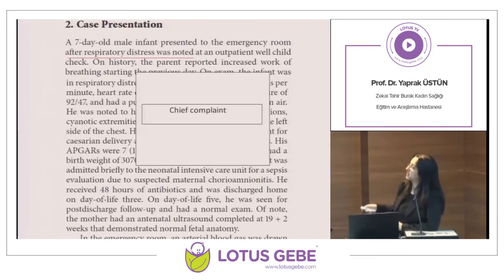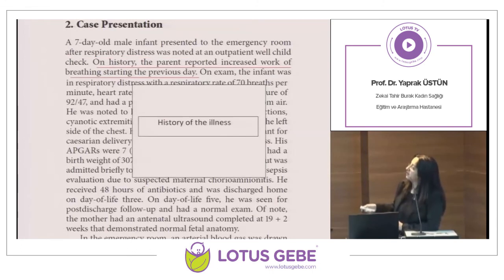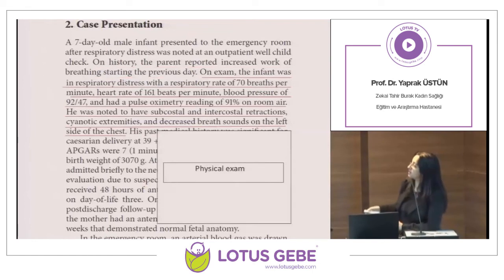A 7-day-old male presented to the emergency room after respiratory distress was noted at an outpatient well-child clinic check. Here you see the chief complaint of the case. On history, the parent reported increased work of breathing starting the previous day, the history of the illness. Here you see the physical examination of the case.